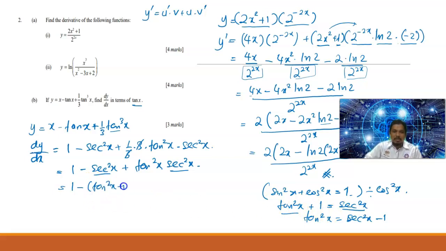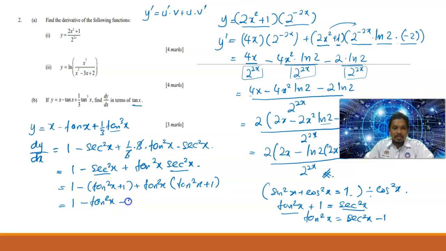Tangent squared x plus 1, plus tangent squared x and another secant, which is tangent squared x plus 1. Now 1 minus tangent squared x minus 1, plus tangent squared times tangent squared, tangent to the power of 4x, plus tangent squared times 1 equal to tangent squared x.